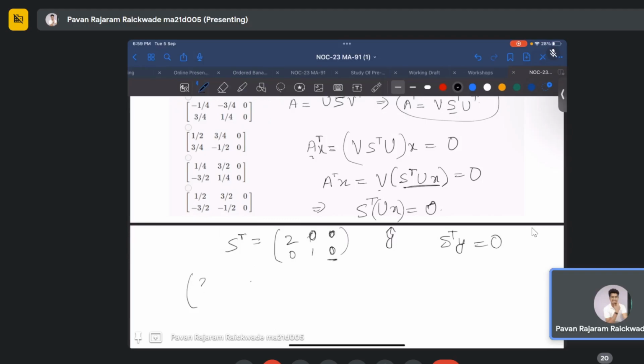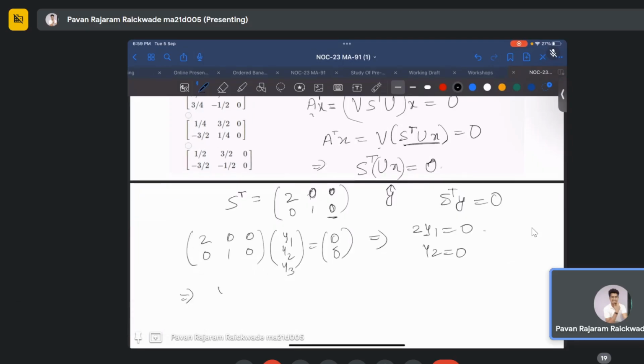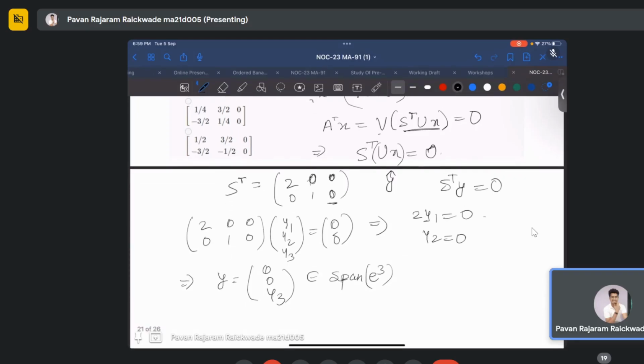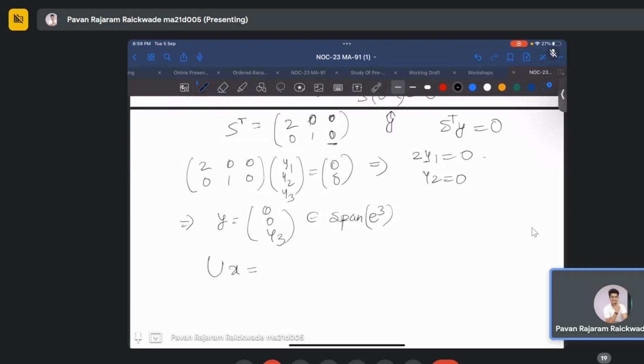If you solve this, you get 2y1 has to be 0, then y2 has to be 0. The only free variable is y3, which implies y has to be 0, 0, y3, so it belongs to the span of E3, the third column vector. So that means you just have to solve Ux equals E3.